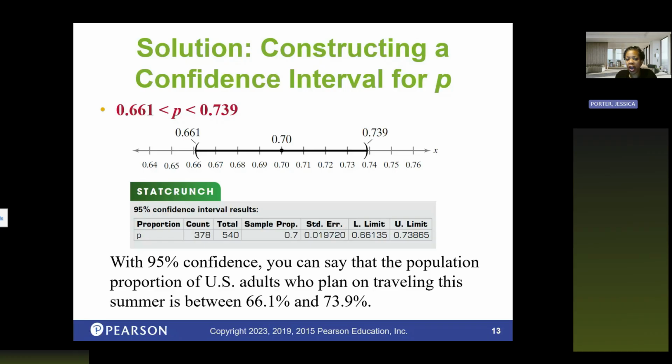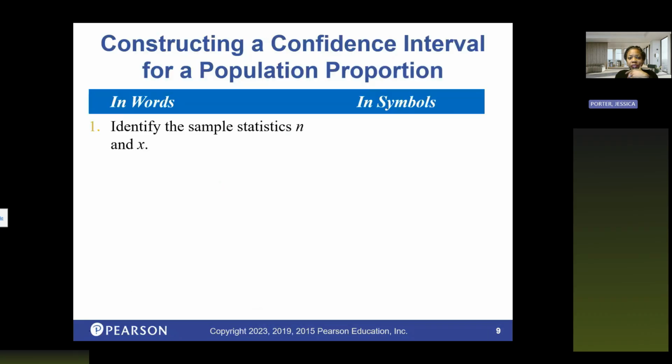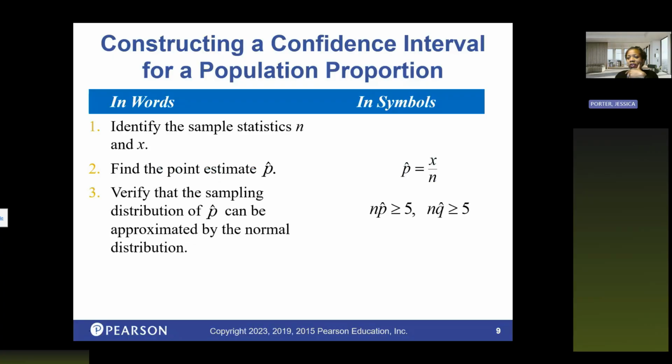So let's go back and put that into the calculator. And one thing that I did miss here: when we're constructing a confidence interval, there's one thing we need to check, and that's that n times p hat is greater than or equal to 5, and n times q hat is greater than or equal to 5.